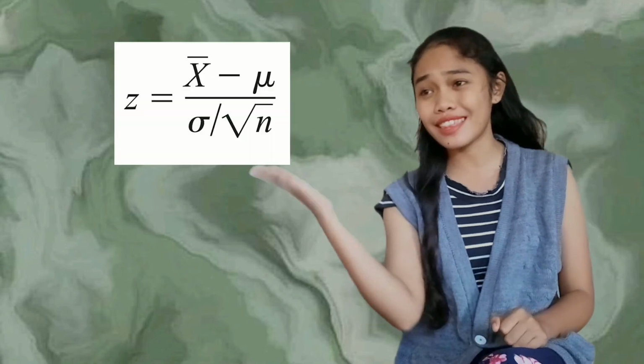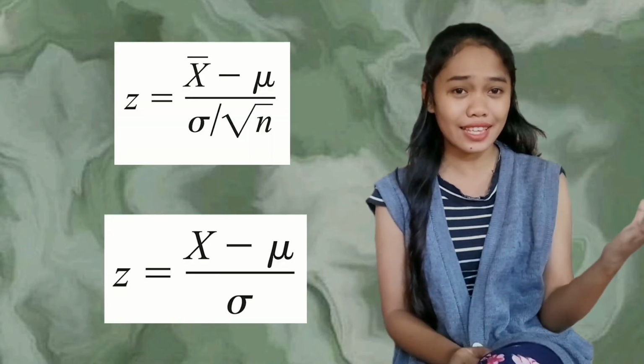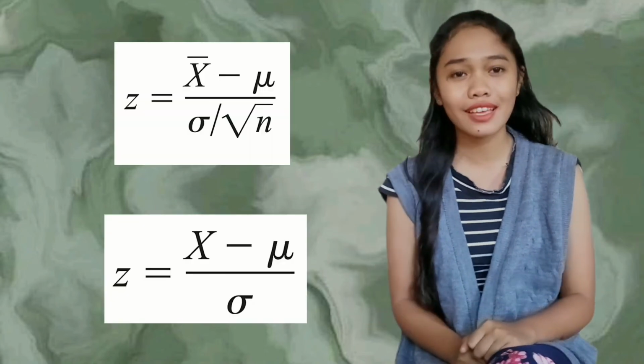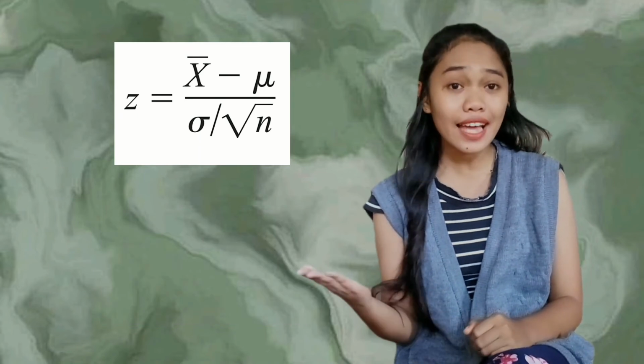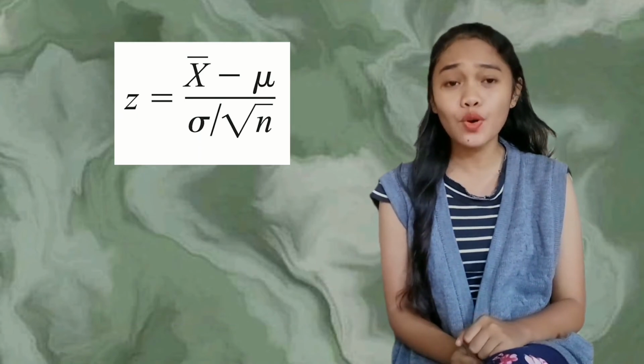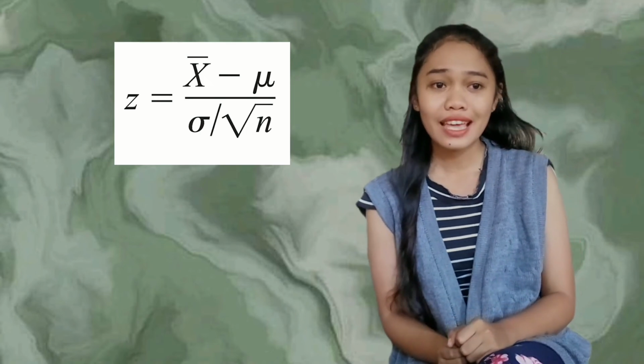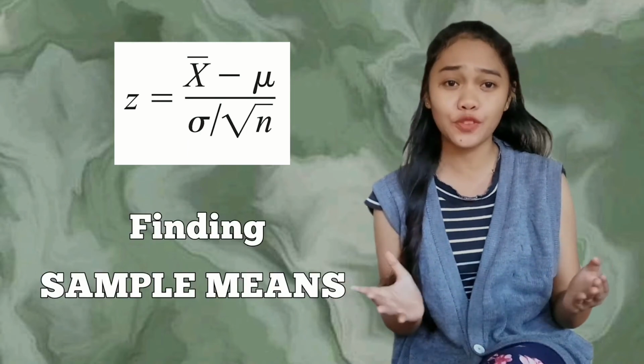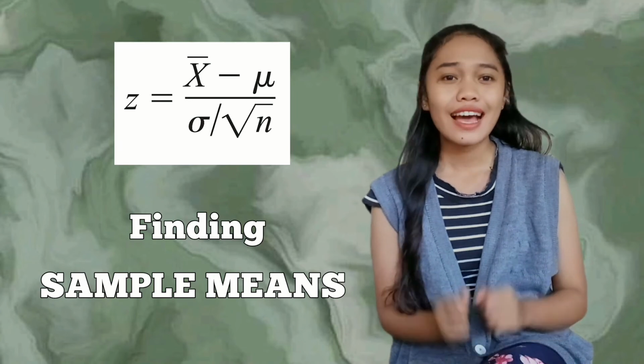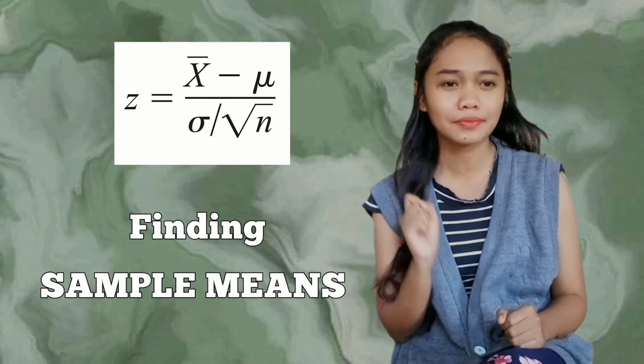Now, do not be confused in deciding what to use between this formula and this formula. Z equals x bar minus mu over sigma over square root of n is used to gain information about a sample mean.